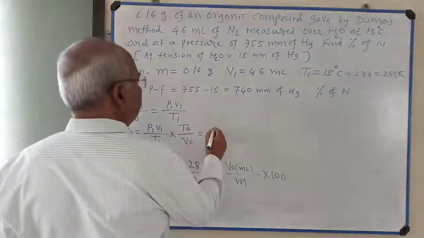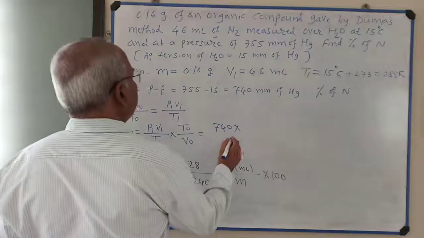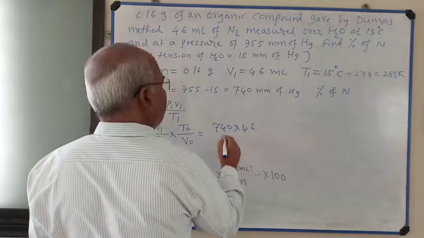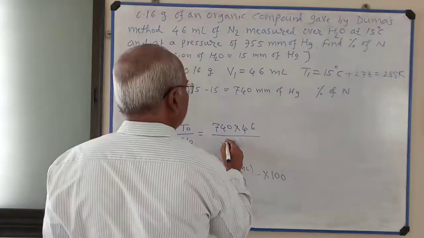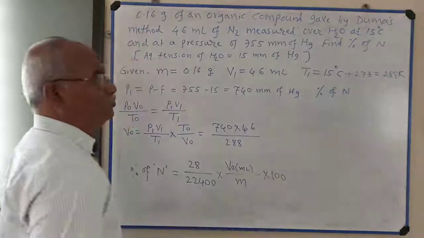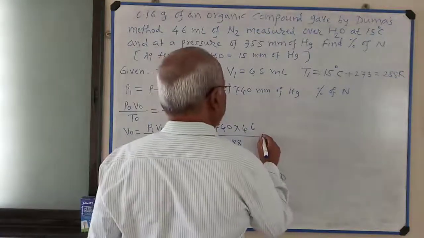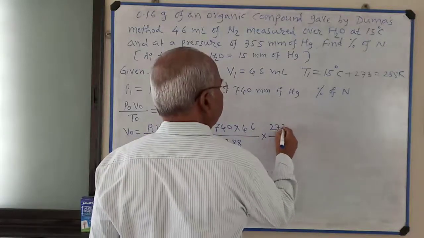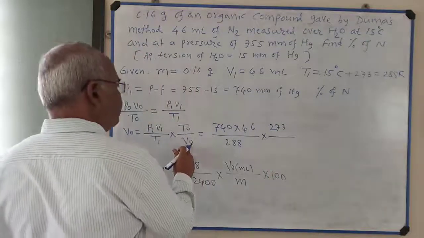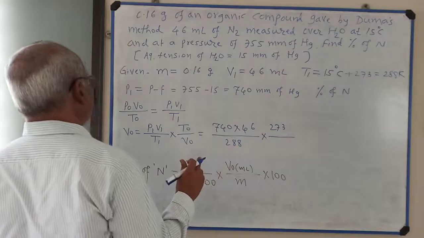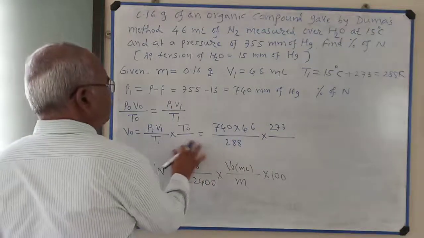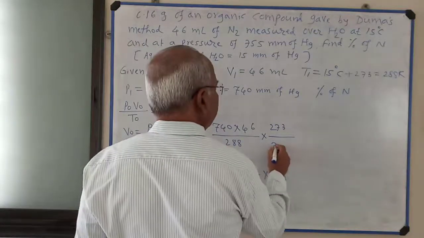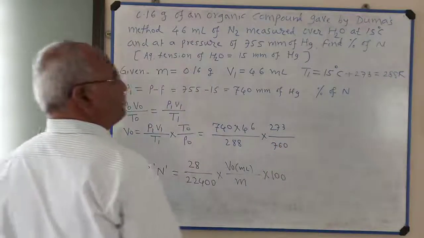P1 is equal to 740, into Phi1 46 ml, divided by T1 288 Kelvin, into T0 273, upon P0, which is equal to 760 mm of Hg.